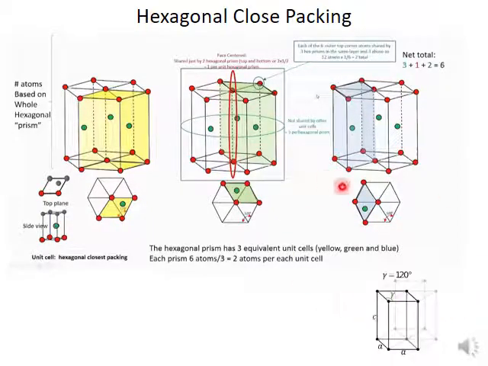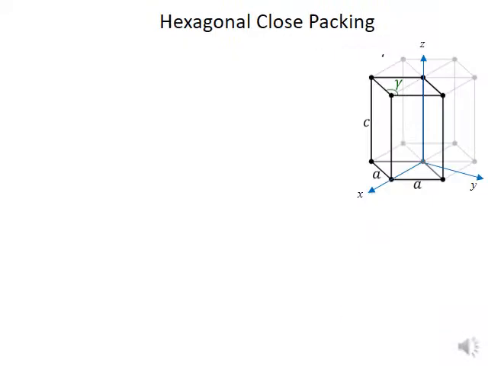Just to reiterate, if you compare this with your Bravais hexagonal unit cell, the center atoms are missing in this one, so it's not a Bravais lattice. You can make the hexagonal close packing unit cell a Bravais unit cell by the following procedure. Let's consider the usual Bravais hexagonal unit cell, the big unit cell, and identify the primitive lattice vectors in the XYZ coordinate system, as defined here.